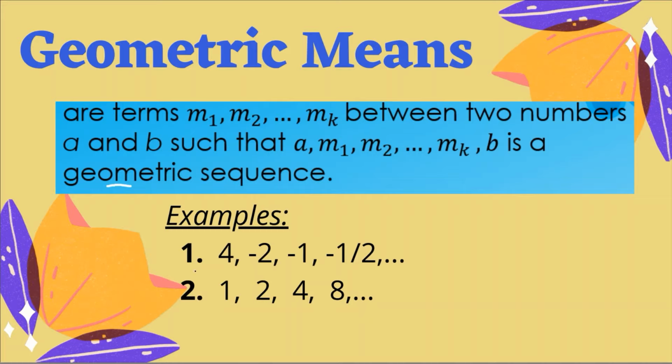For example, we have geometric sequence 4, -2, -1, and -1/2. Numbers -2 and -1 are the geometric means of 4 and -1/2. And also with 1, 2, 4, 8, the numbers 2 and 4 are the geometric means of 1 and 8.